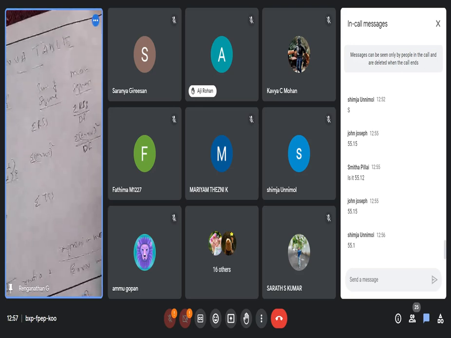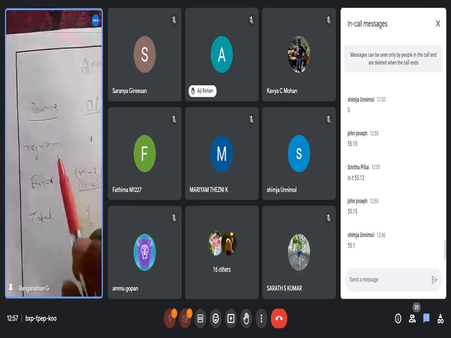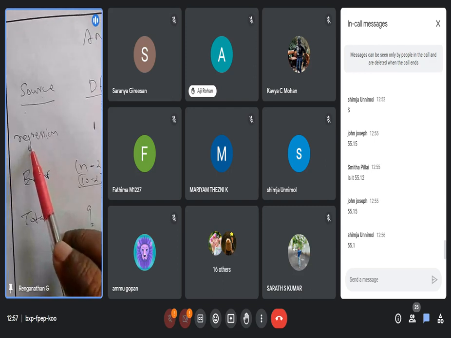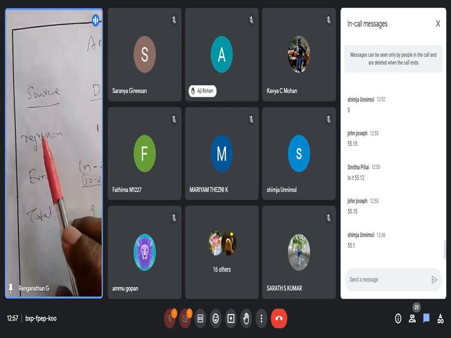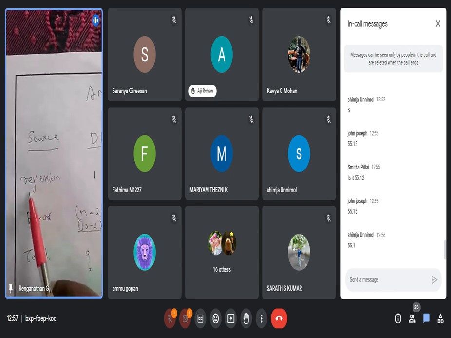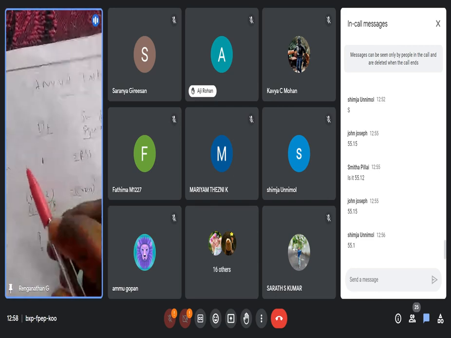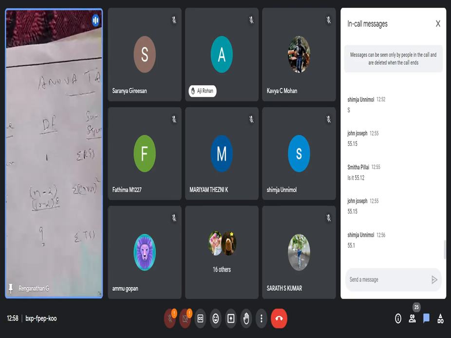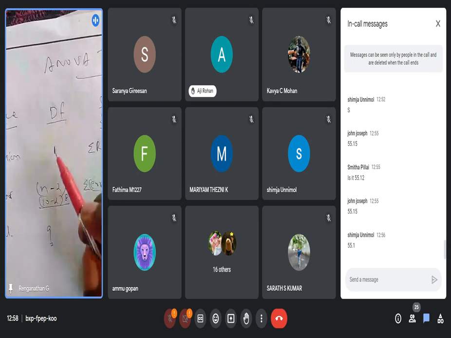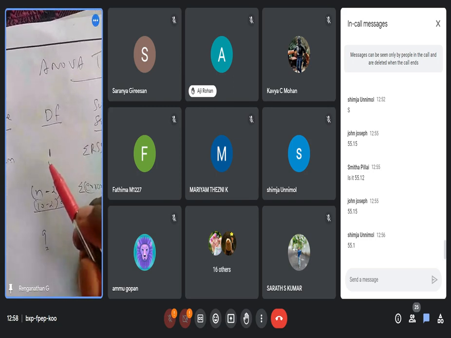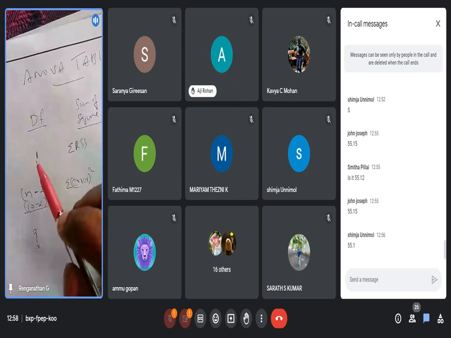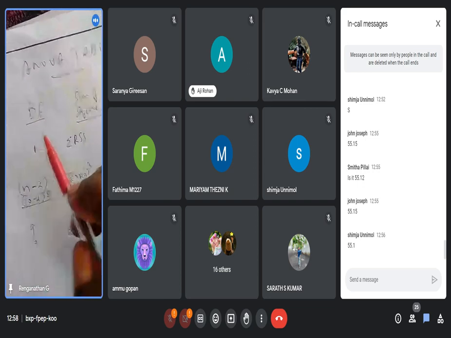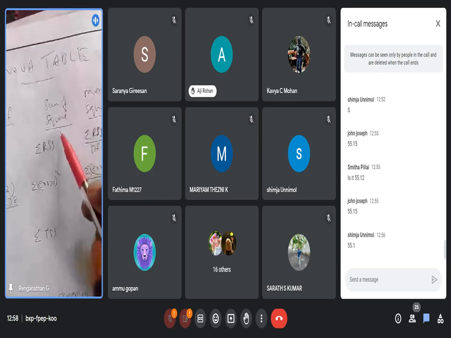I will explain this. Listen carefully. In the source, we first take the regression equation, so just write this as regression. In the case of this ANOVA table, for regression we always use degree of freedom 1. That is why it is written here as degree of freedom 1. Then the sum of square.